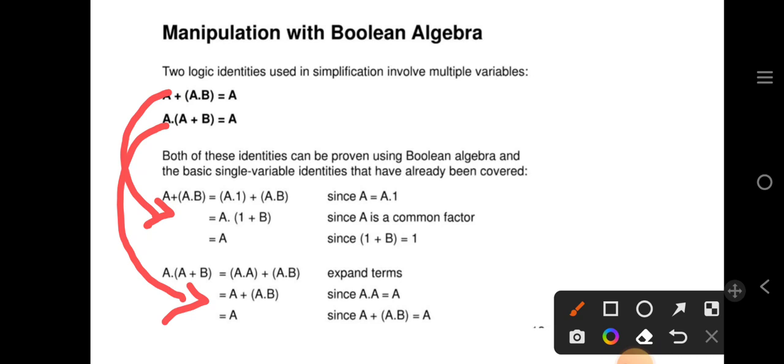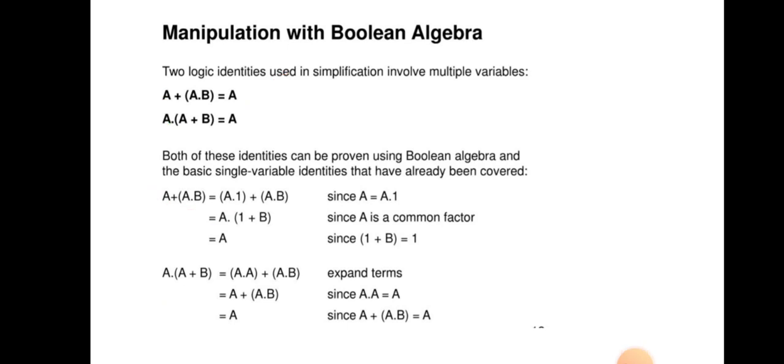A plus A dot B equals A. But how does this A come? Now consider this equation, A plus in bracket A dot B. In both the terms A is common.